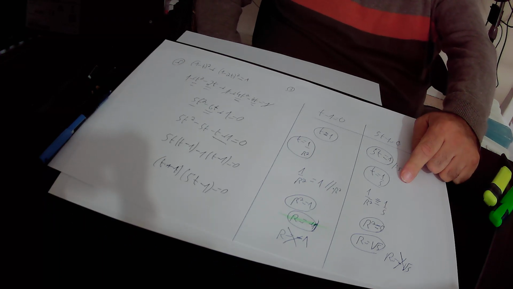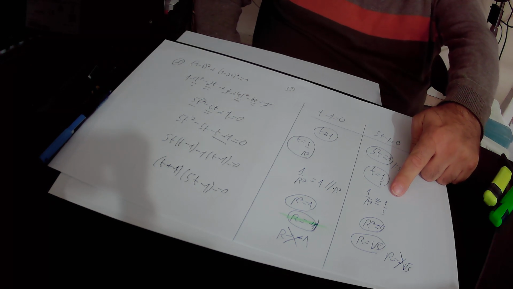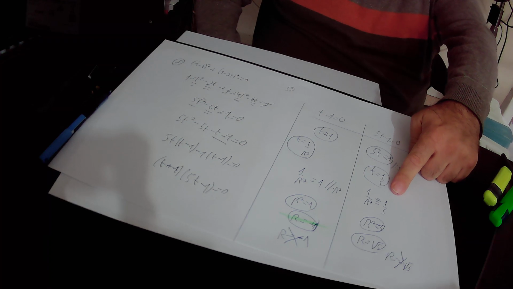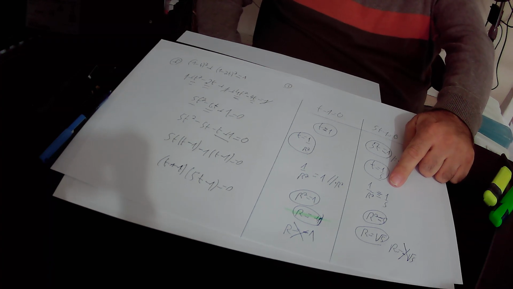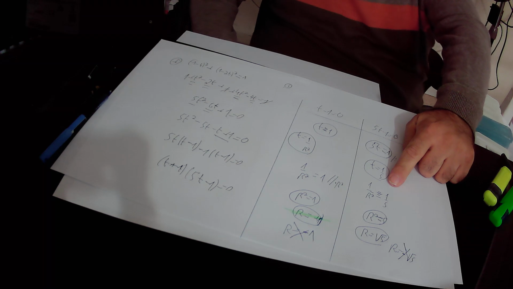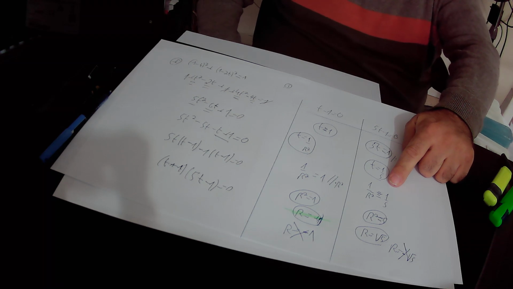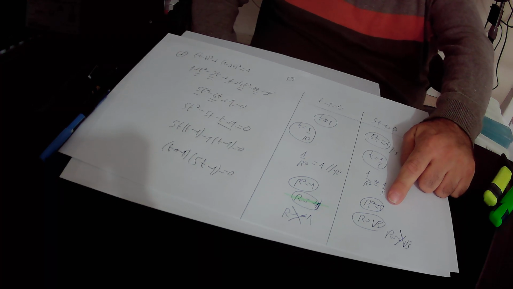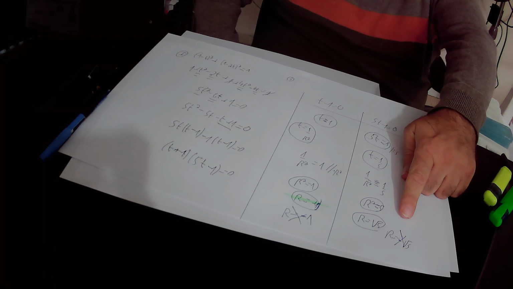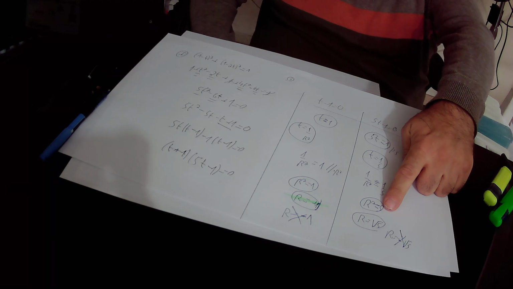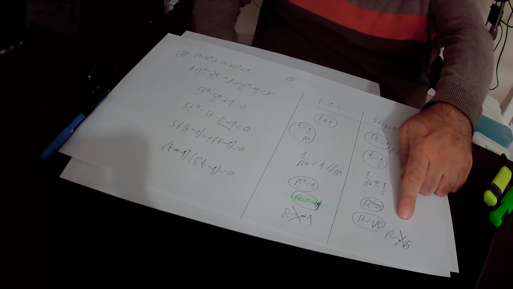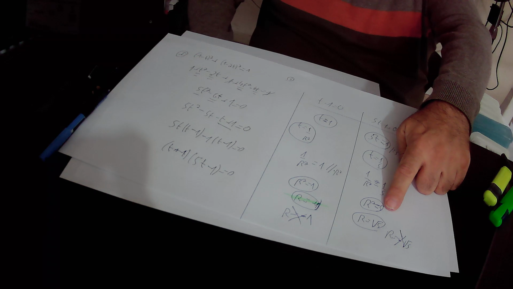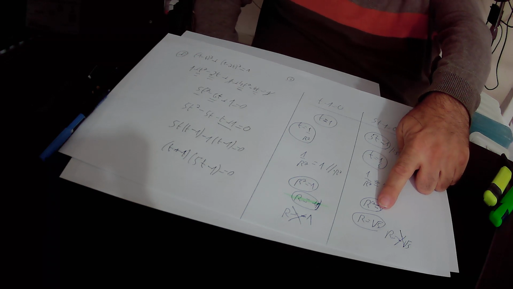So t is 1 over r squared, that is equal to 1 over 5. We multiplied this equation and found out that r squared equals 5. We took the root of this equation and found out that r equals either minus square root of 5 or plus square root of 5. Minus square root of 5 is not possible because r is a length, so we are left only with r equals square root of 5.